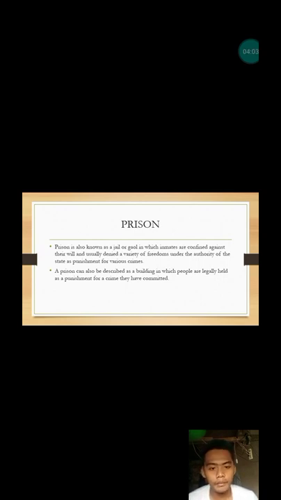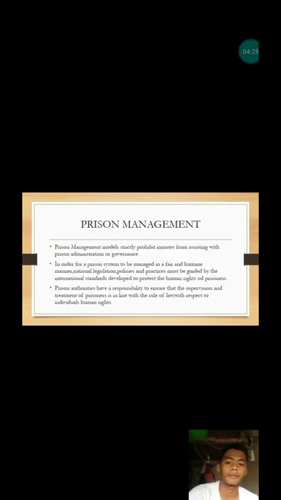A prison can also be described as a building in which people are legally held as a punishment for the crime they have committed. So the prison is where people are held as punishment for what they have committed.